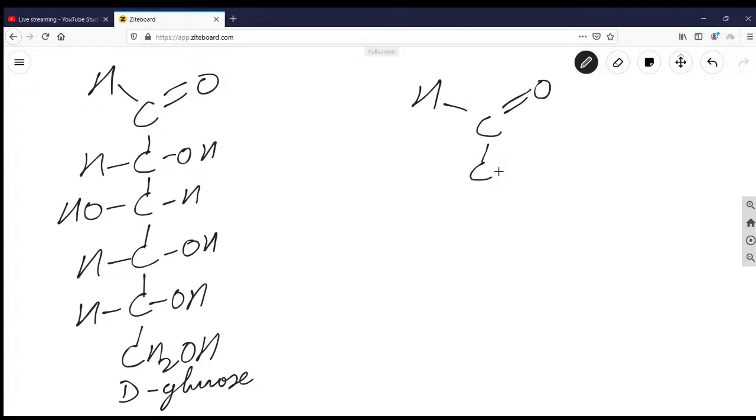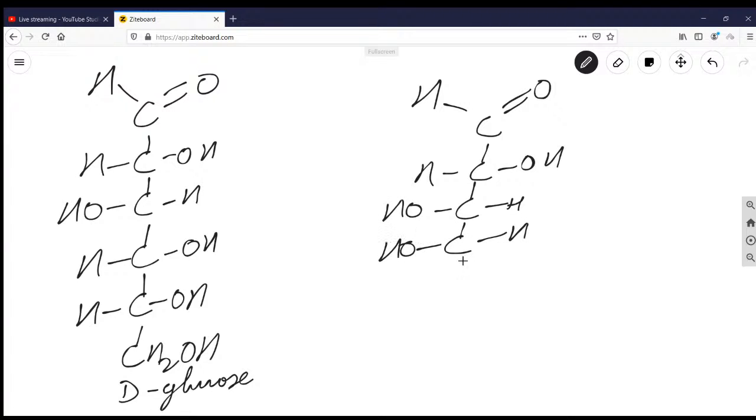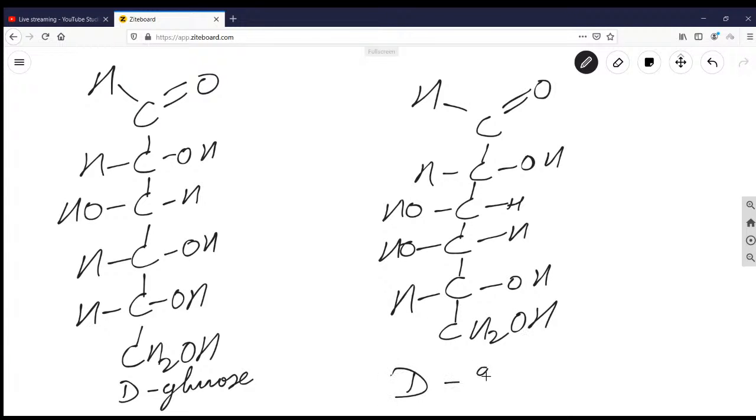Now, second carbon. This is known as D-galactose. Both have 6 carbons. Where do you see the difference?